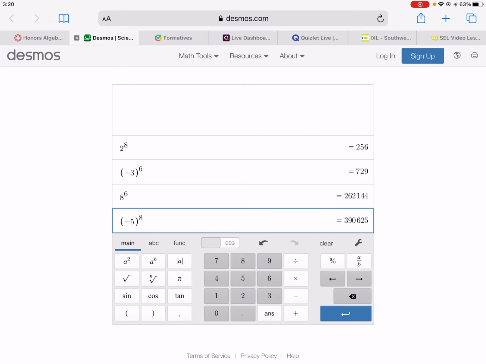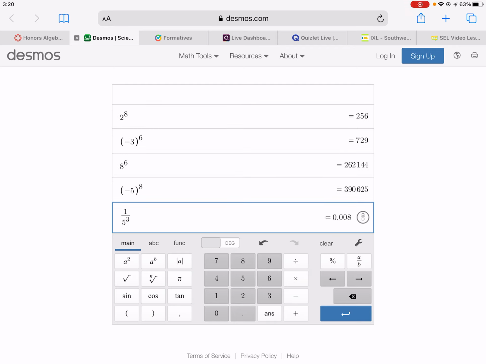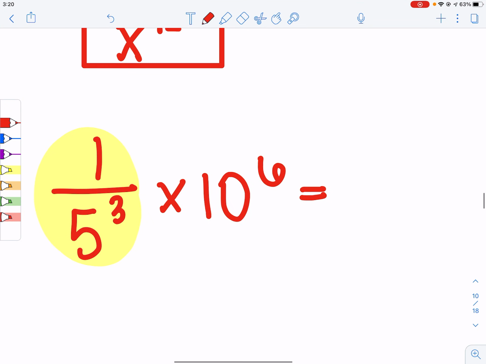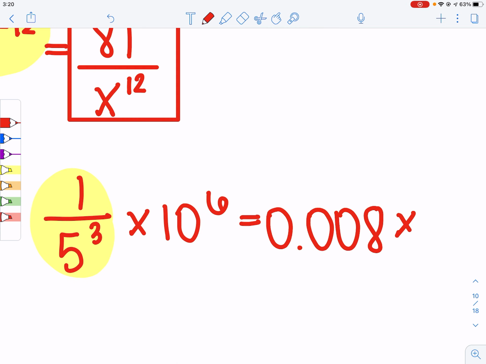If you put that in your Desmos, 1 over 5 to the 3rd, you get that, so 0.008. Okay, so this right here gives me 0.008 times 10 to the 6th.